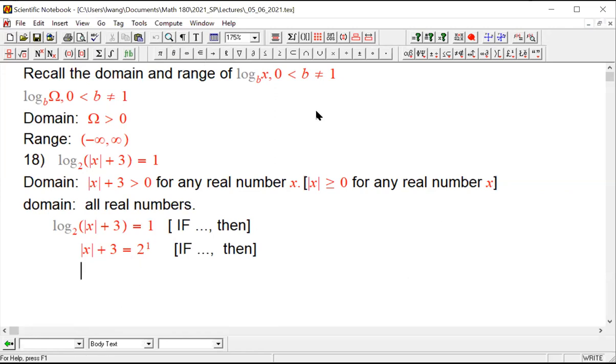All right, so what's next? The absolute value of x equals -1. Now you tell me what is the solution. There is no solution. Perfect, you got it.